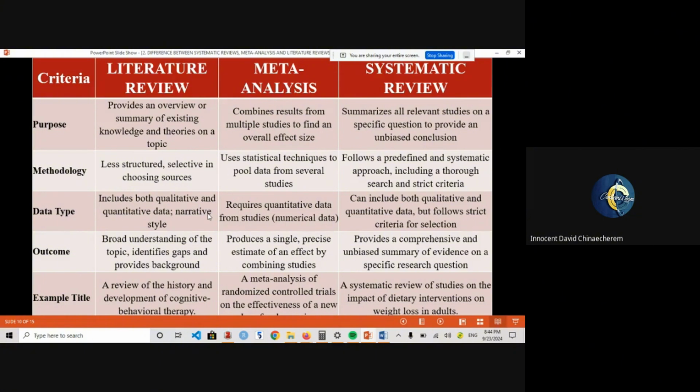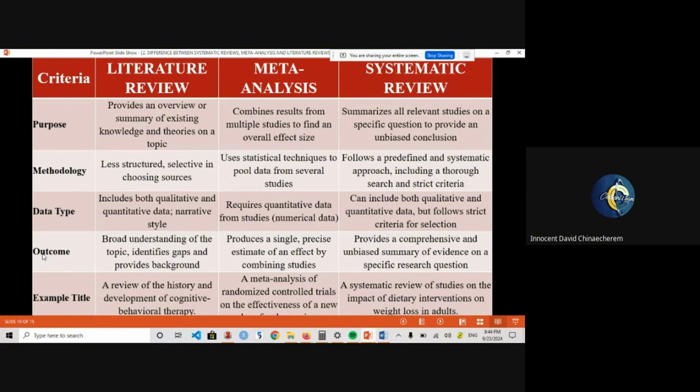You're just citing anything. Contrary to a meta-analysis, it must all be what? Numerical data. You can't include a qualitative data in a meta-analysis. But in a systematic review, you can include qualitative or quantitative, but you have to follow a strict criteria for what? Selection. Now, we are getting there.